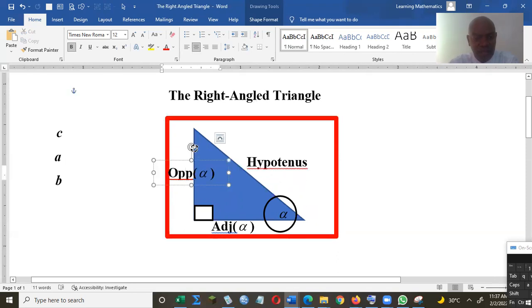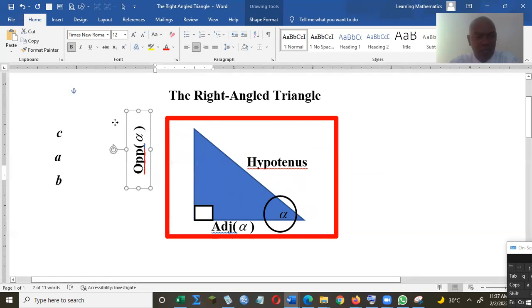So if the angle is there, then the vertical side will be opposite to the angle alpha, and the horizontal side will be adjacent to the angle alpha. The sides adjacent and opposite will always be in reference to the angle, so bear that in mind.